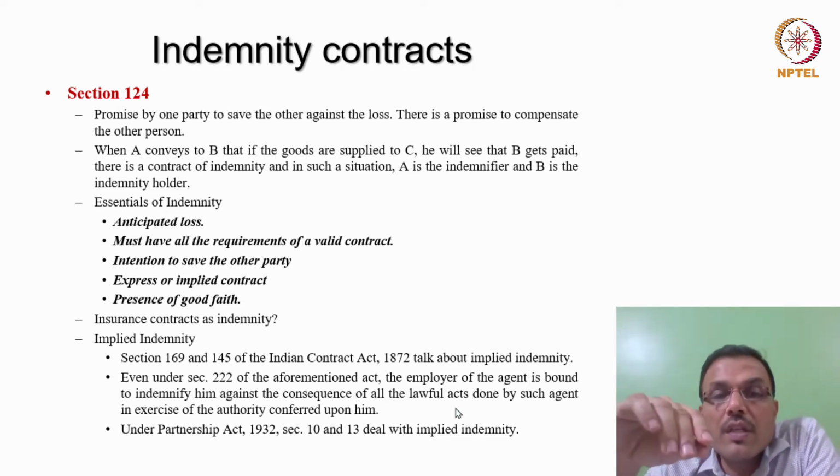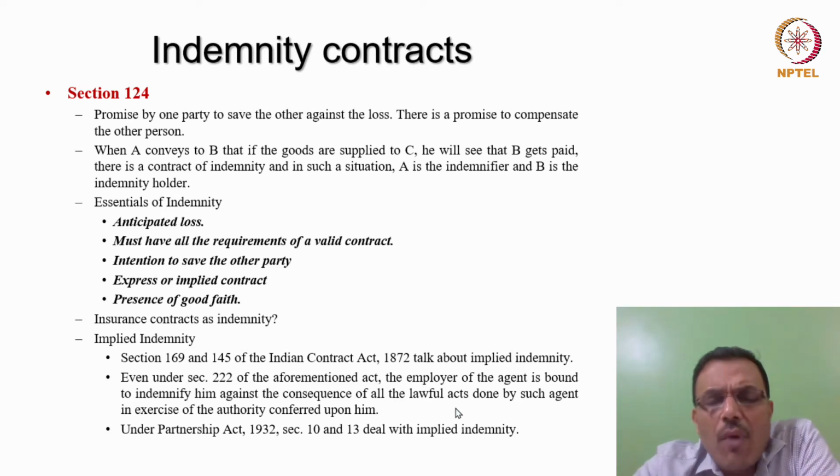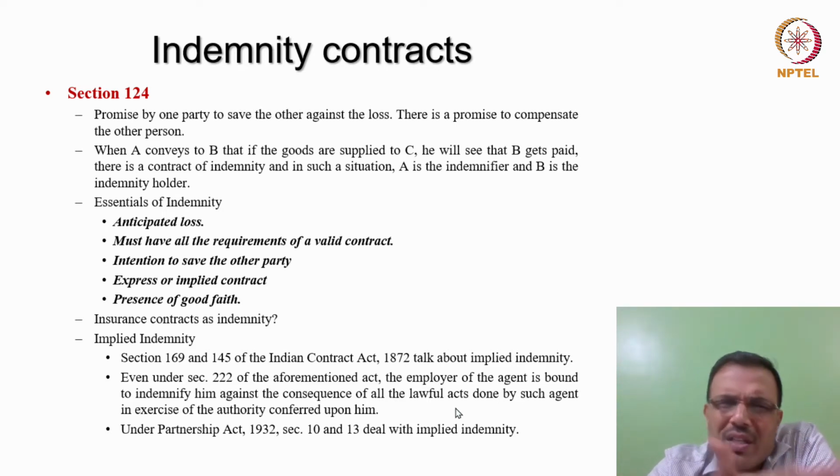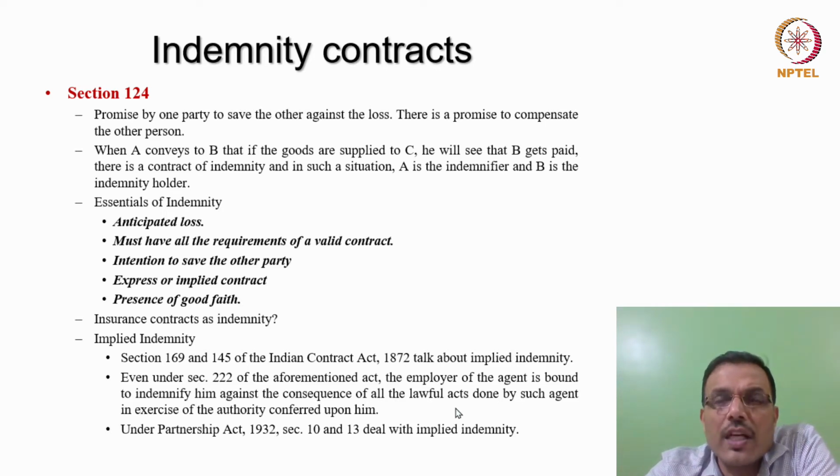So that is what it means to come up with a promise of indemnity, which means that you do not want your contracting party to suffer any kind of loss that arises from the contract itself or may arise from your actions, as the case may be. And hence, in modern commercial contracts, not modern, even from early times, one of the most essential negotiated clauses in most contracts is the clause of indemnity.